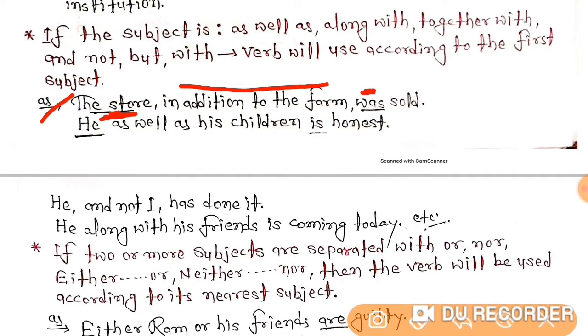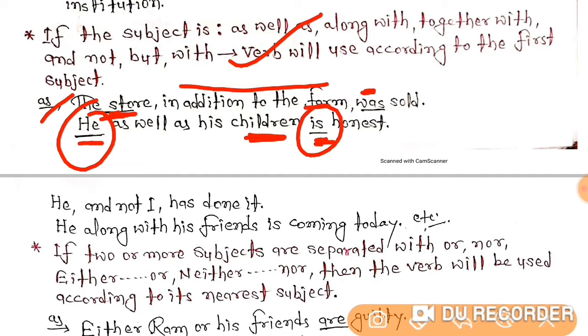The next example tells you he as well as his children. Remember I have not used here are, as there is children, you will think that we have to use here are, but that will become wrong, as the rule tells you that you have to go according to the first subject. So first subject is he, so you have to go as per the first subject, right? So here I have done is.